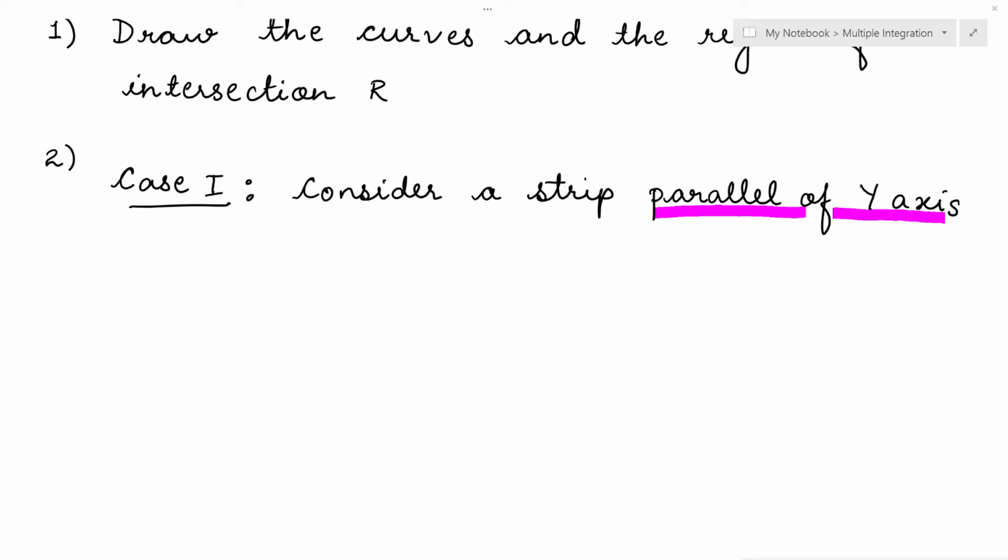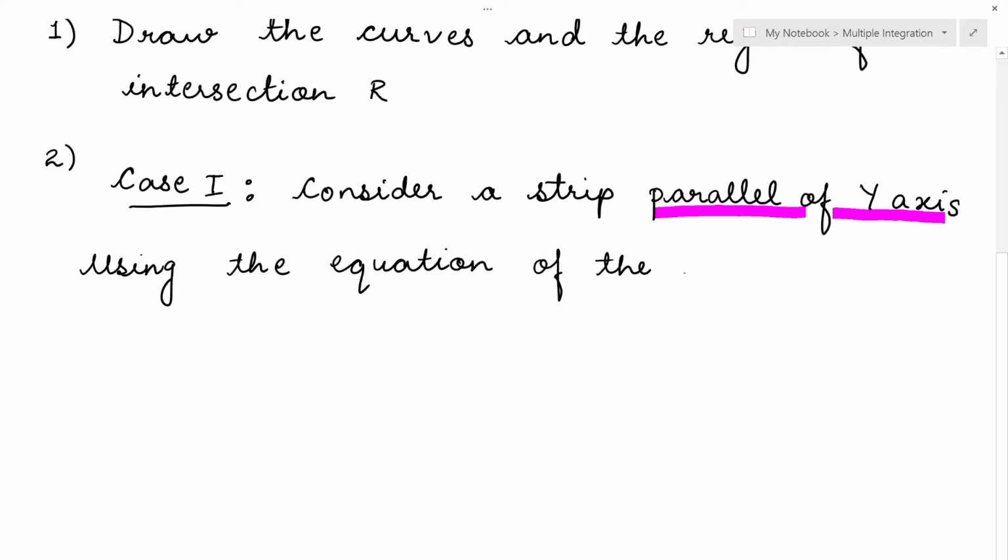Now what you have to do, if we consider a strip parallel to the y-axis, is use the equations of the curve. The equation of the curve will be known. For example, y = x is a line passing through the origin, or y² = 4ax is a parabola, and so on.